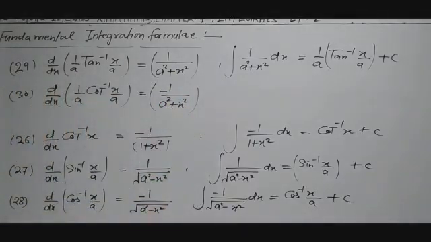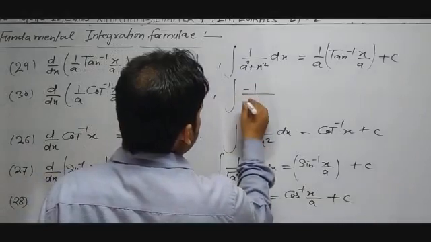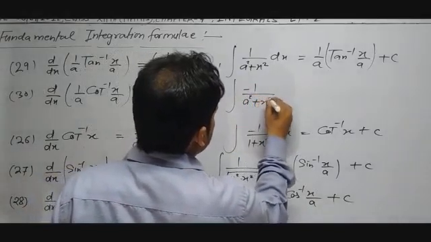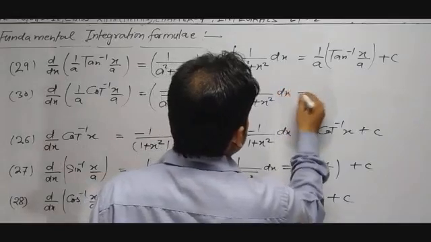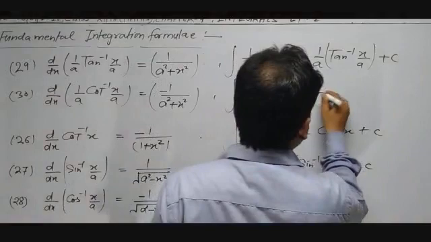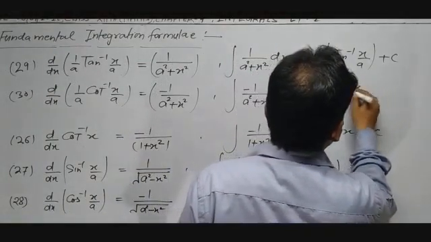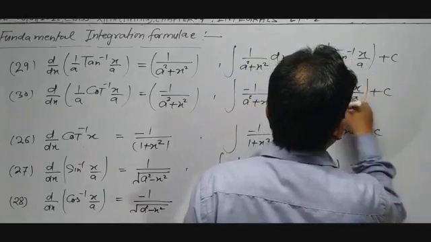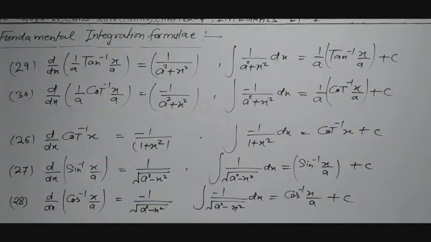So now when you find their antiderivative, integration of minus 1 upon a square plus x square dx, that result will be 1 by a cot inverse x by a plus c.